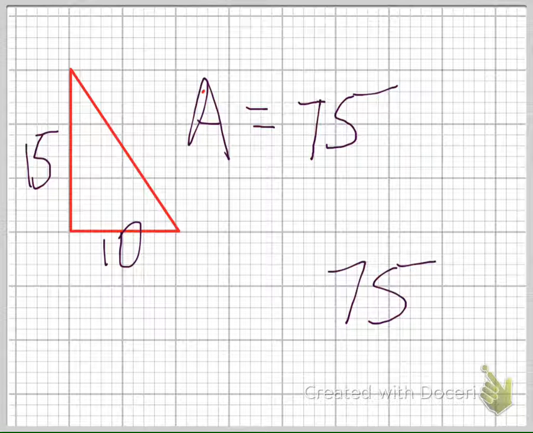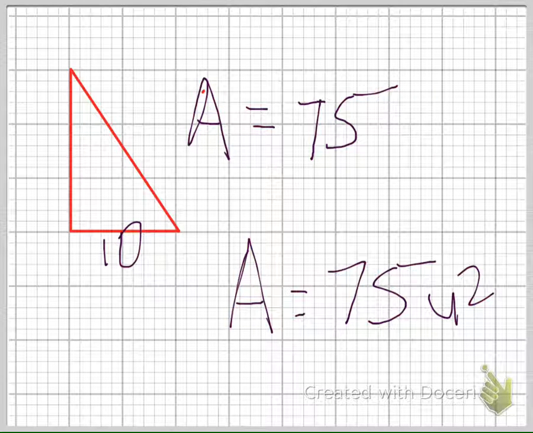So if you were just given 75, and then not given 15, and you were asked, the area of a triangle is 75 units squared, and the base is 10, how would you go about solving that?